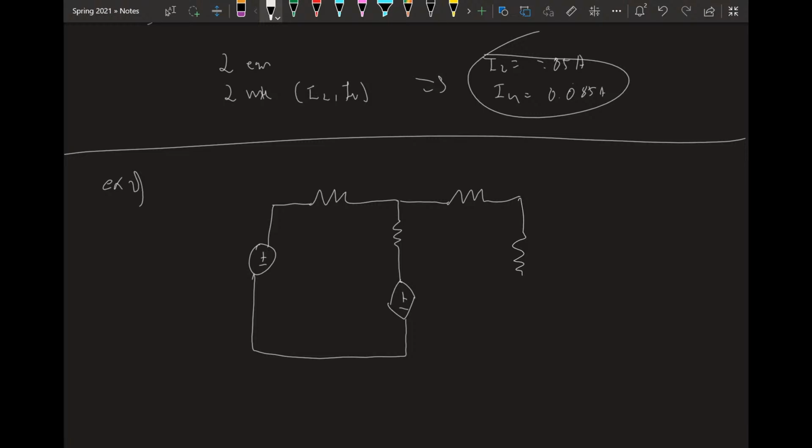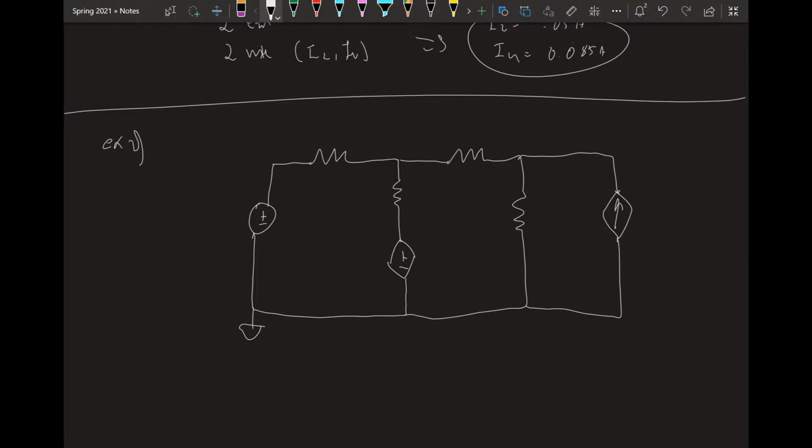Okay, I'm just going to call this ground. 50 volts, 2 ohms, 5 ohms, 4 ohms, 20 ohms, and this current source on the right is 1.7 V delta. What is V delta? This is V delta. Oh, this is 9 I delta. What is I delta? This is I delta. Okay.